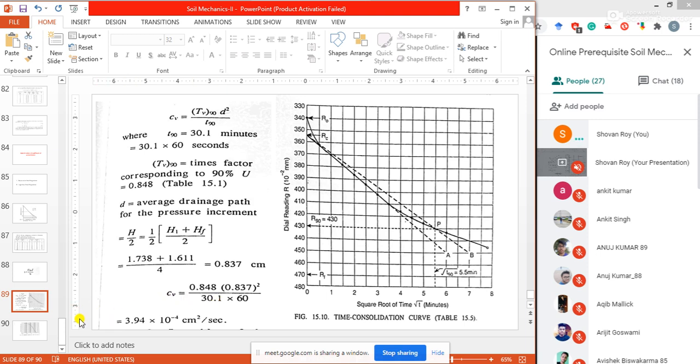After finding this Cv value, you can see it is already mentioned that T90 equals 30.1 minutes, so T90 is actually 30.1 into 60 seconds.